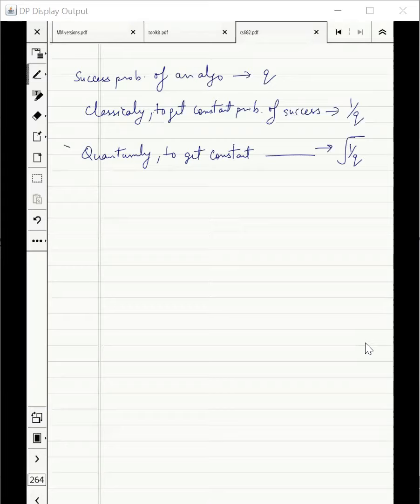Like all commercial enterprises, there is a star. There has to be some condition to this algorithm, and then we can boost the probability. These are minor conditions, but under that, we can boost the success probability just by square root many steps of the classical case.